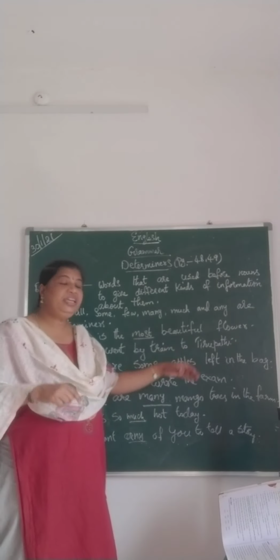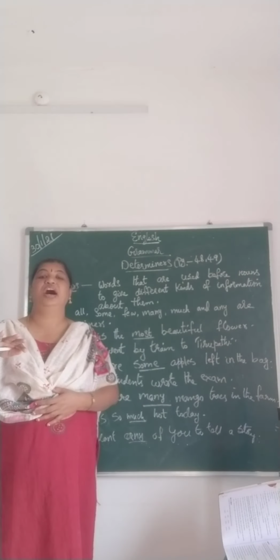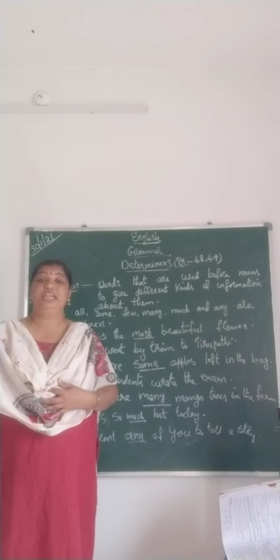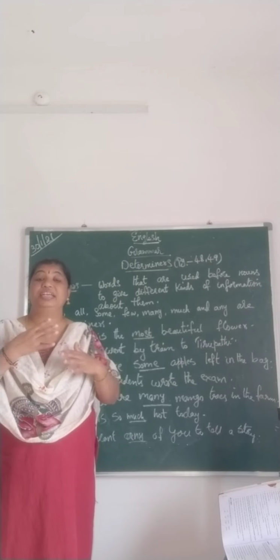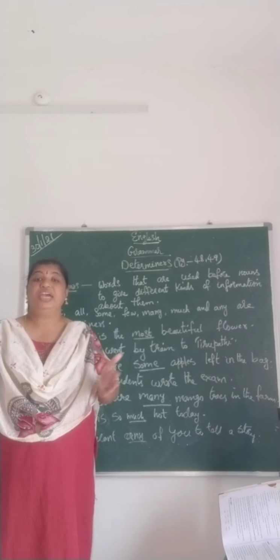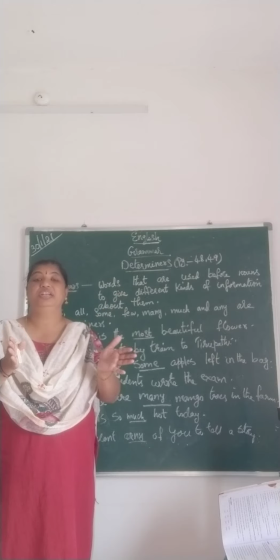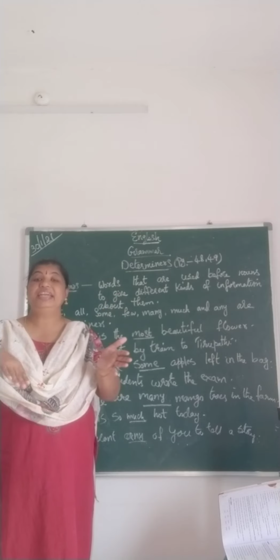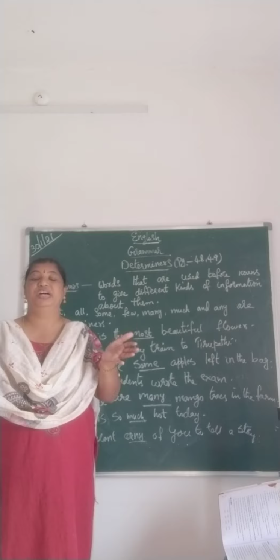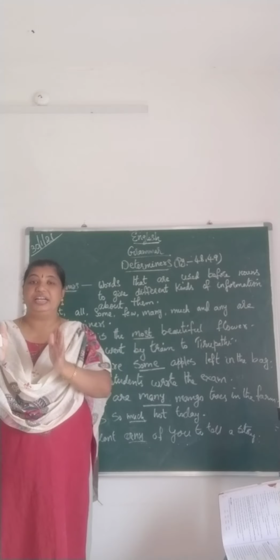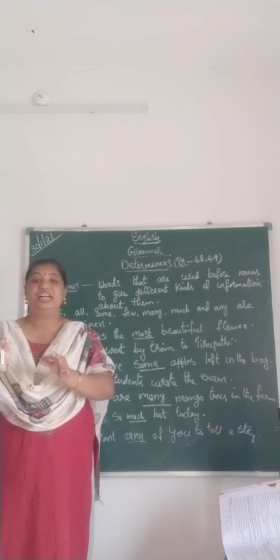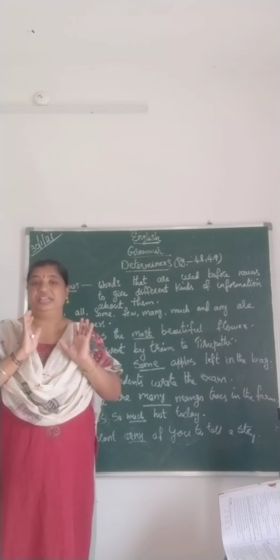"There are many mango trees in the farm." Many mango trees. Okay, it is representing the quantity. So to represent the quantity, instead of sitting and counting and giving the number, we have a word, and that particular word here becomes a determiner.